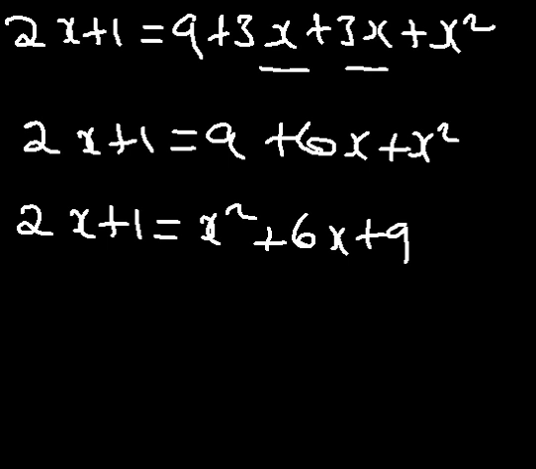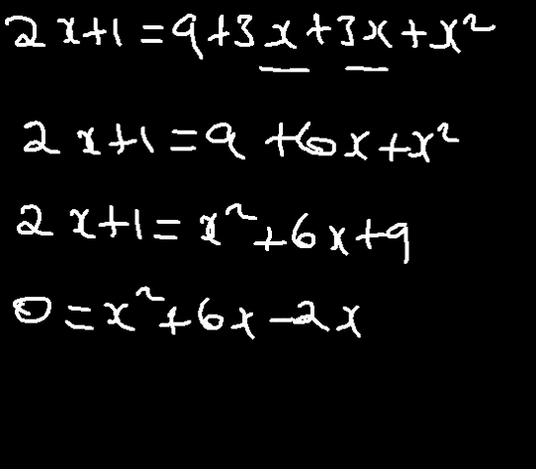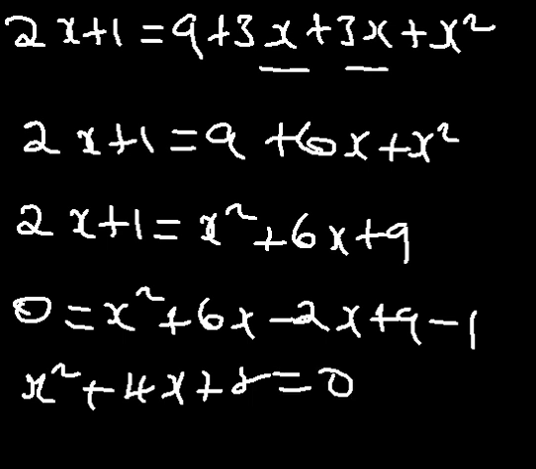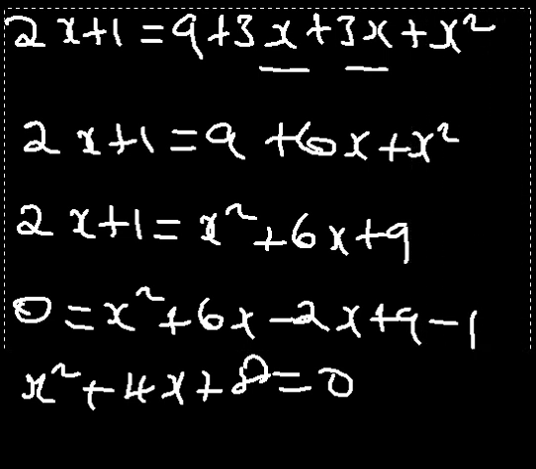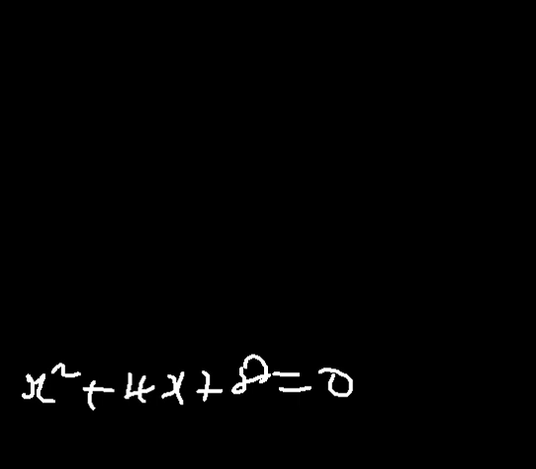That will be given as 0 is equal to x squared plus 6x minus 2x plus 9 minus 1. Of course, this is the same as x squared plus 4x plus 8 is equal to 0. Now we are at the stage where you can solve for x, either using the factor method, the quadratic formula, or the completing the square method.